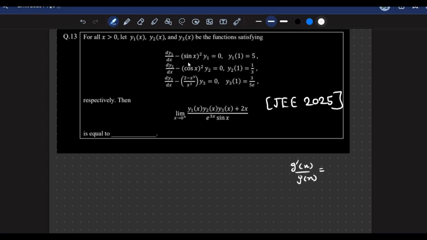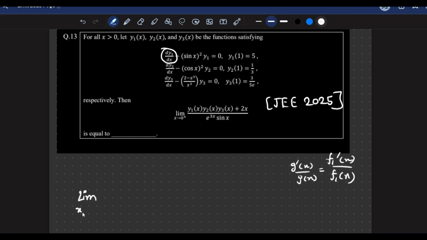So here can you notice that this thing is y1 dash x by y1(x), like we are getting the terms of the form f1 dash x by f1(x) from these expressions only. So the expressions are supporting a line of thought. So let us do it.